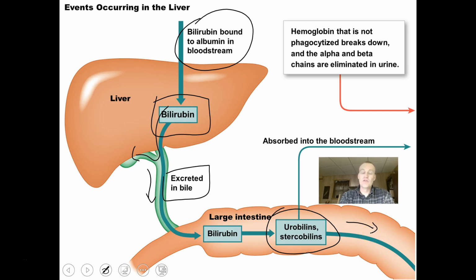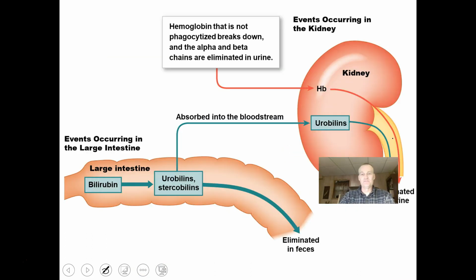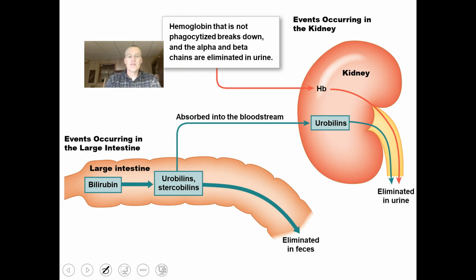But some of the urobilinogens can get into the bloodstream and cause your urine to be yellow. And then lastly, we can see that the kidney can take the urobilinogens out and eliminate them as urine. Also, sometimes hemoglobin can be urinated out as well if there's too much of it in the bloodstream.